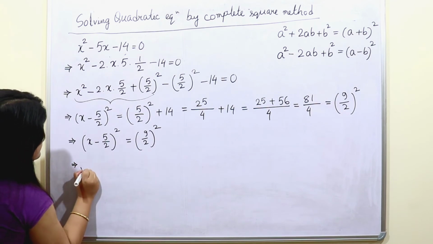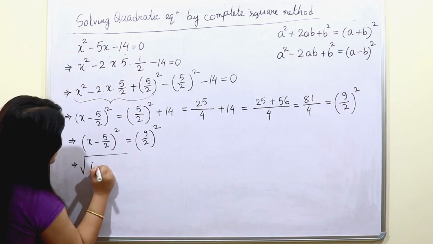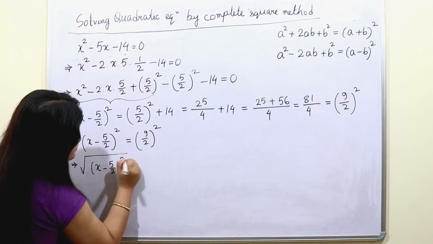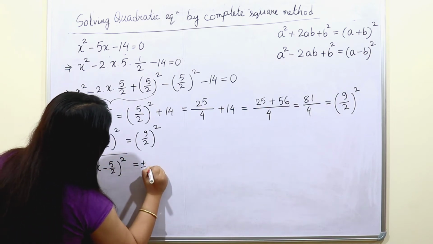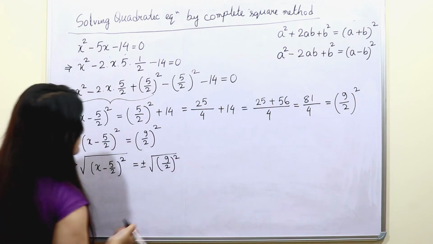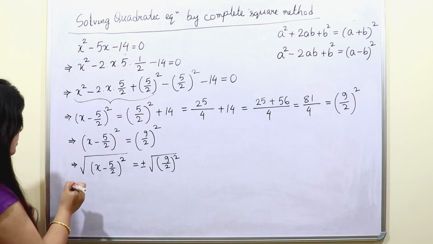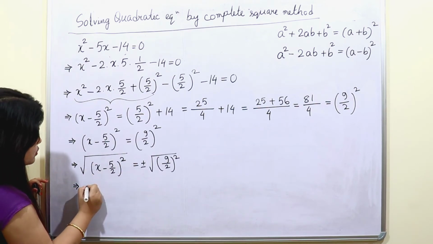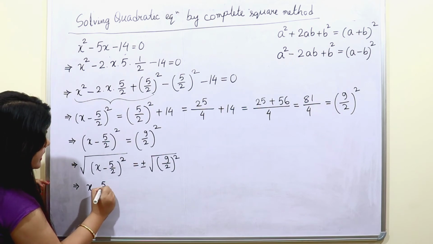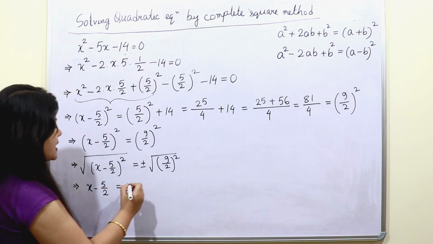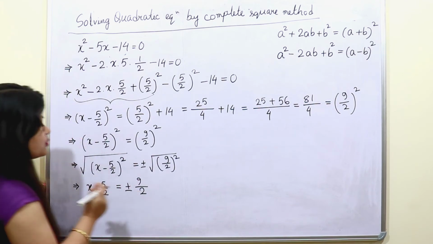Let us take the root on both sides. Then x - 5 by 2 is equal to plus minus 9 by 2 after taking the root.